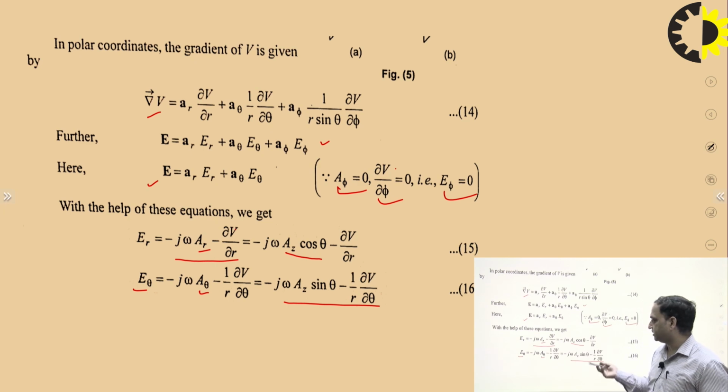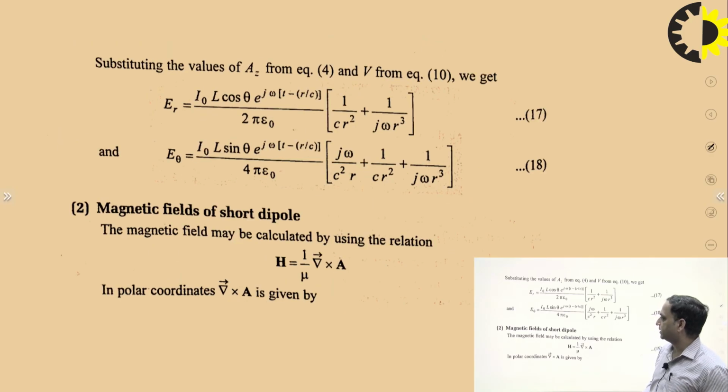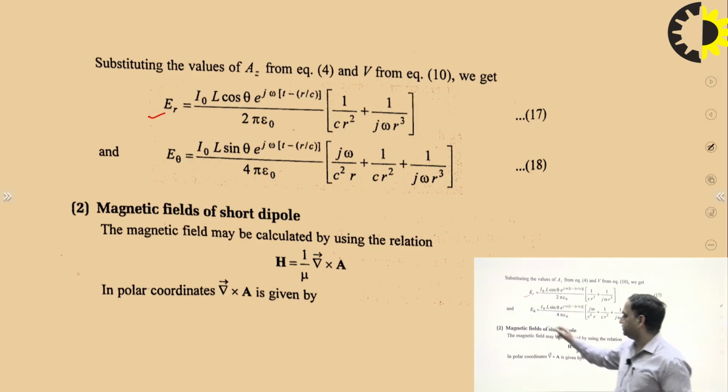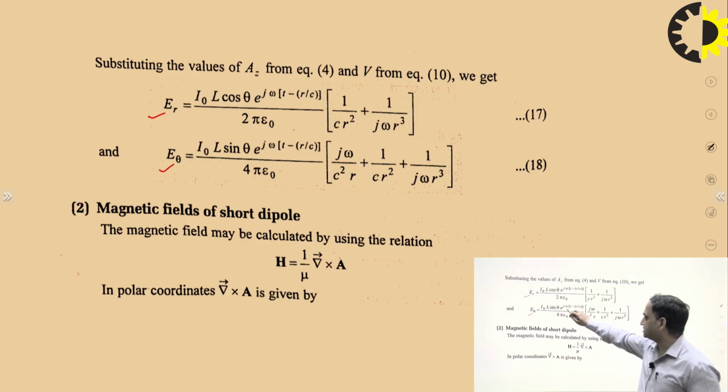So now we will put the values of all which we just got about the AZ and V. When we put all these values together, then the electric field in the direction of R will be this one. For calculation you have to do that, and E theta will be like this. So we see that ER is the combination of 1 upon R square plus 1 upon R cube, right?